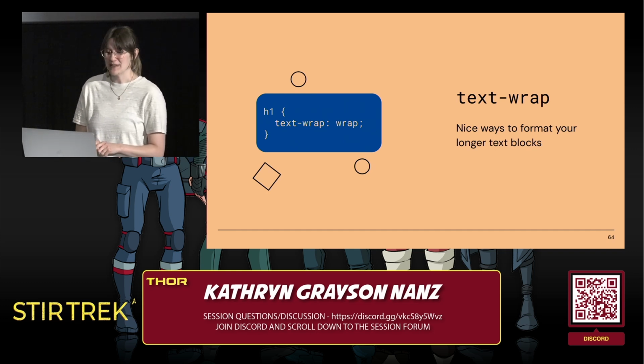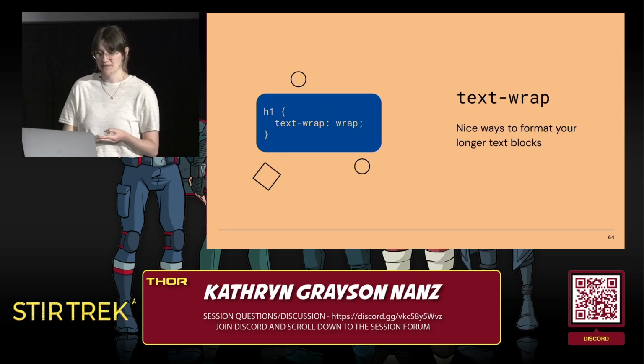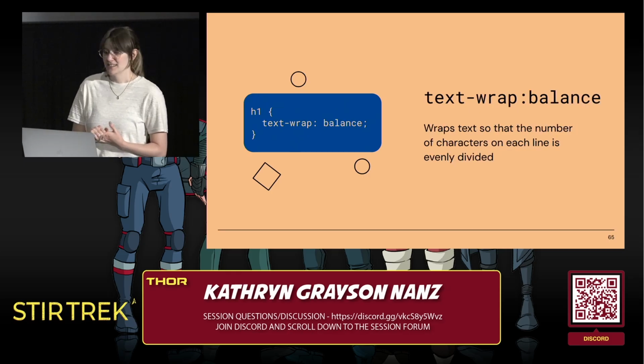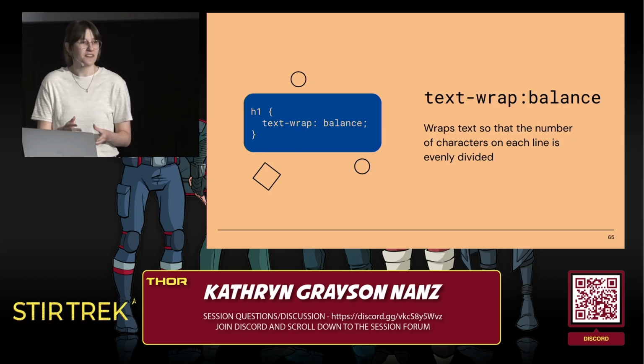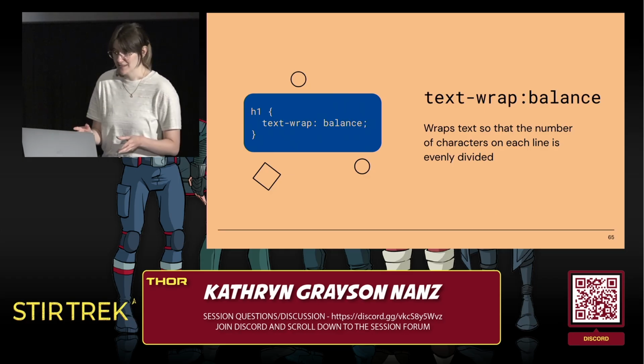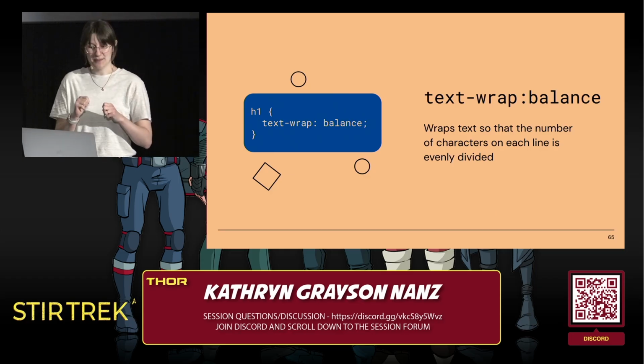In addition to your basic wrap and no wrap options, which do exactly what you think they'd do, text wrap also offers us balance, pretty, and stable as options for how our text should wrap. Balance is going to wrap text in such a way that the number of characters on each line is evenly divided, or at least as evenly as possible. And this is somewhat limited since it is, as MDN phrases it, computationally expensive.